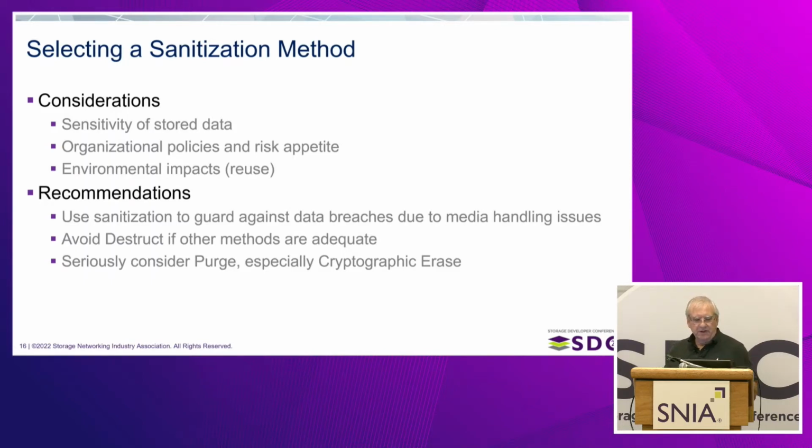In terms of recommendations, this is really to help guard against data breaches due to mishandling of media. And if you look at the 27000 series, they are definitely pointing to 27040 and it in turn to 2883 to help deal with when the drive came out. And it could be something as innocent as a customer engineer coming in and replacing a drive that's flaking out and walks off your site.